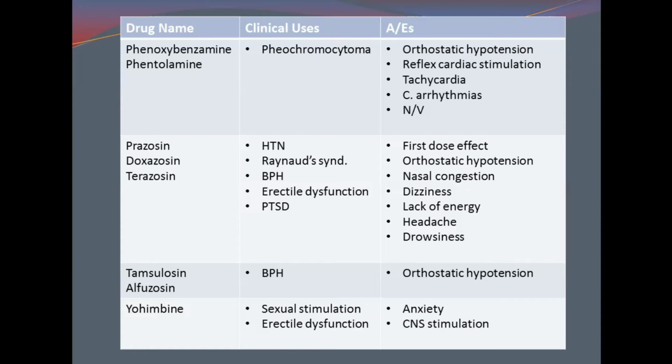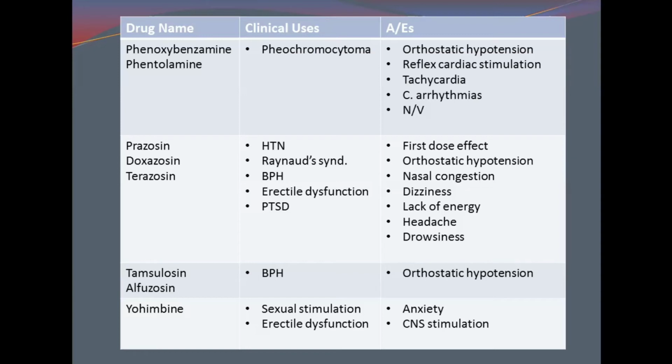The alpha-1 blockers cause dizziness, headache, and drowsiness. Tamsulosin and alfuzosin are also alpha-1 selective blockers, but these drugs are used only in benign prostate hypertrophy, primarily in those individuals who are not suffering from hypertension. The main adverse effect is orthostatic hypotension. Yohimbine is the alpha-2 blocker, and it acts as a sexual stimulant.